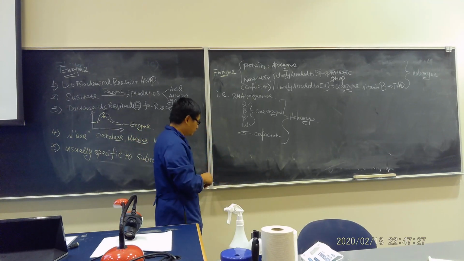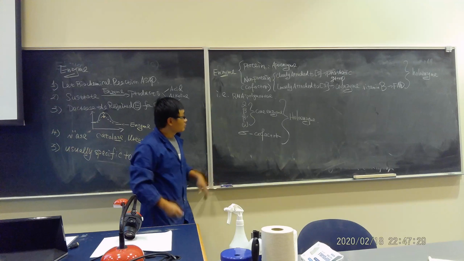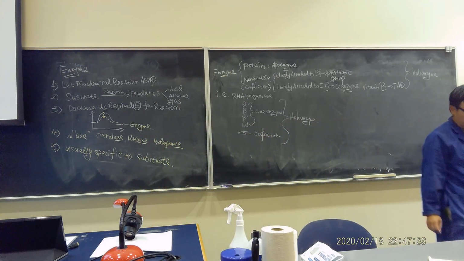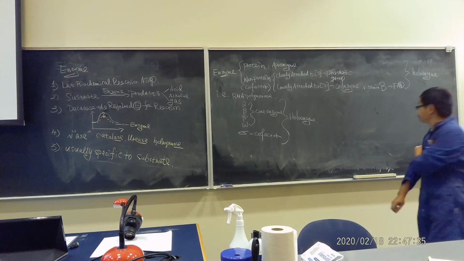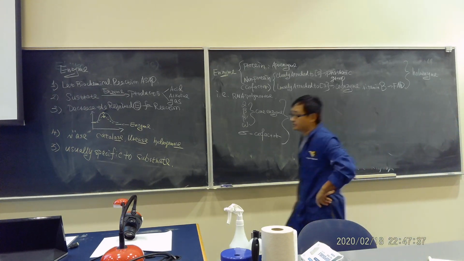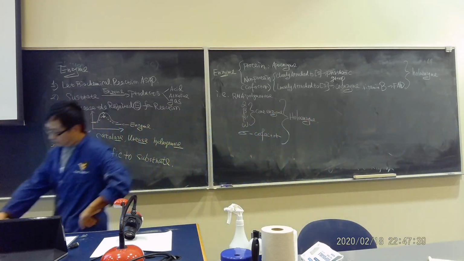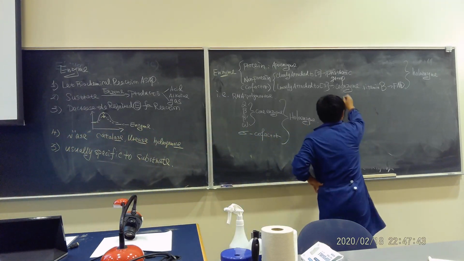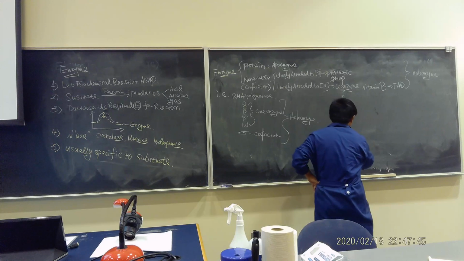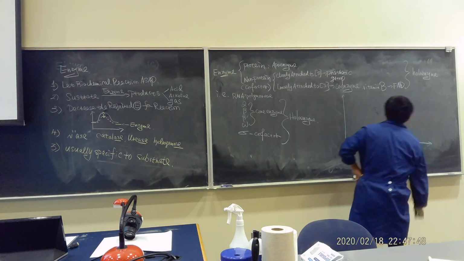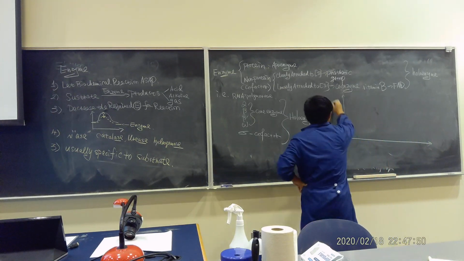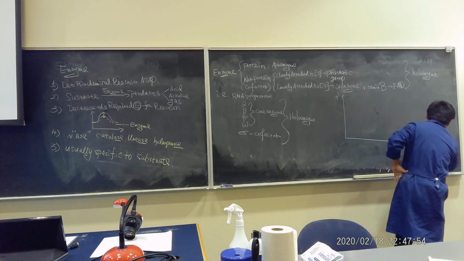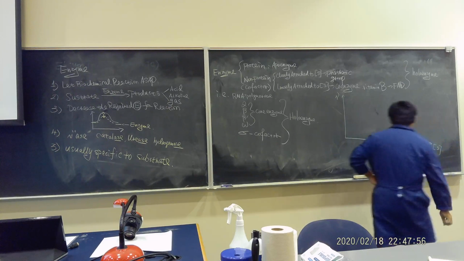Now we move on to another question. How do we evaluate an enzyme? How do we know whether this enzyme is good or not? We have a formula. Velocity, that's V, against substrate concentration.